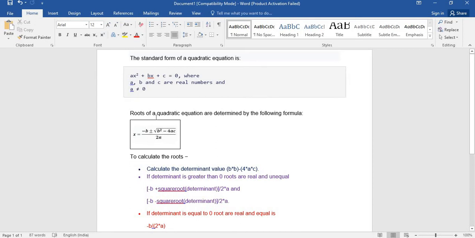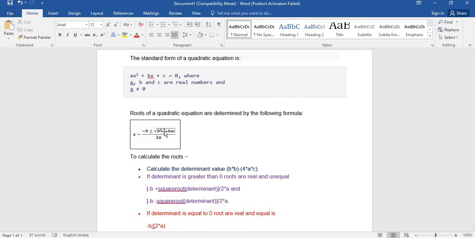If our determinant is less than 0, that means this entire root becomes imaginary, so it will be an imaginary root. So this was the theoretical portion to understand our problem.